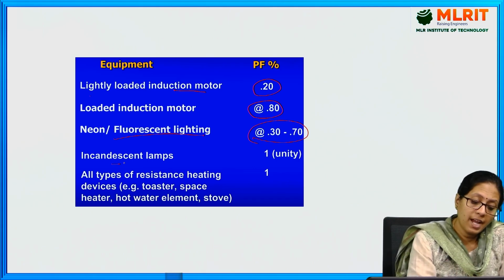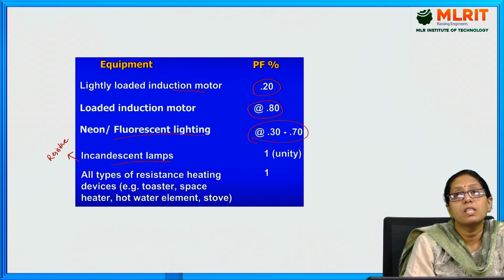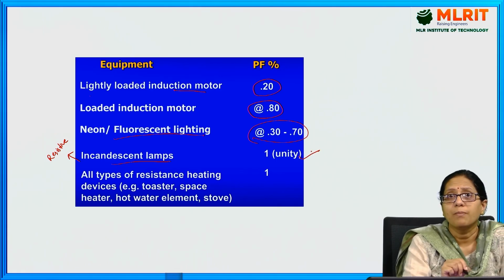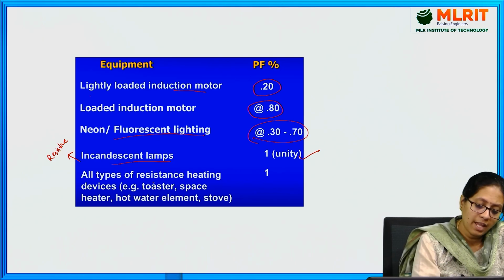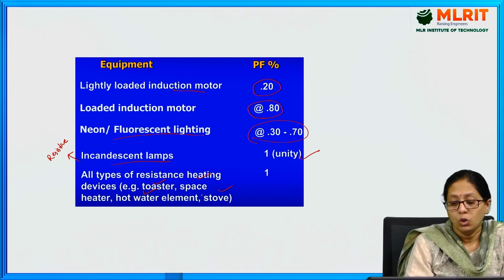An incandescent lamp is an example of a resistive load, so its power factor is unity. All types of resistive heat, like a toaster, space heater, hot water element as well as stoves, have a unity power factor, that is 1.